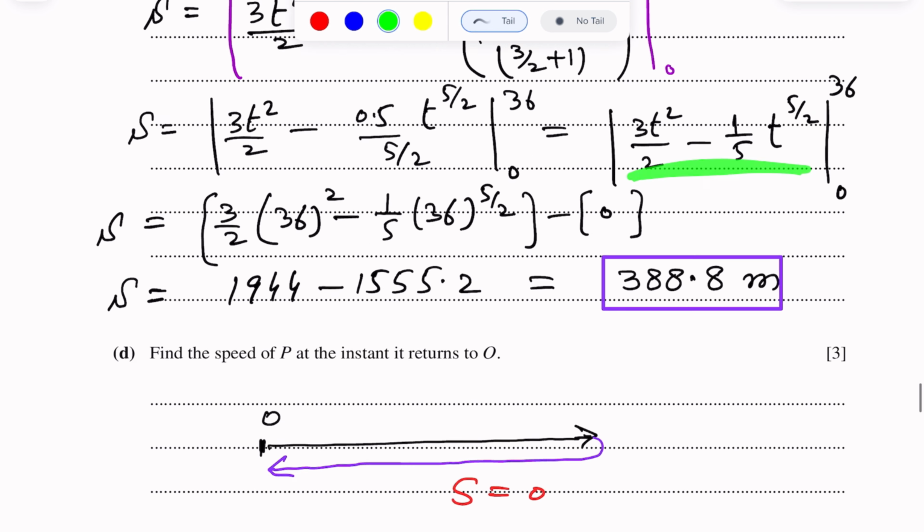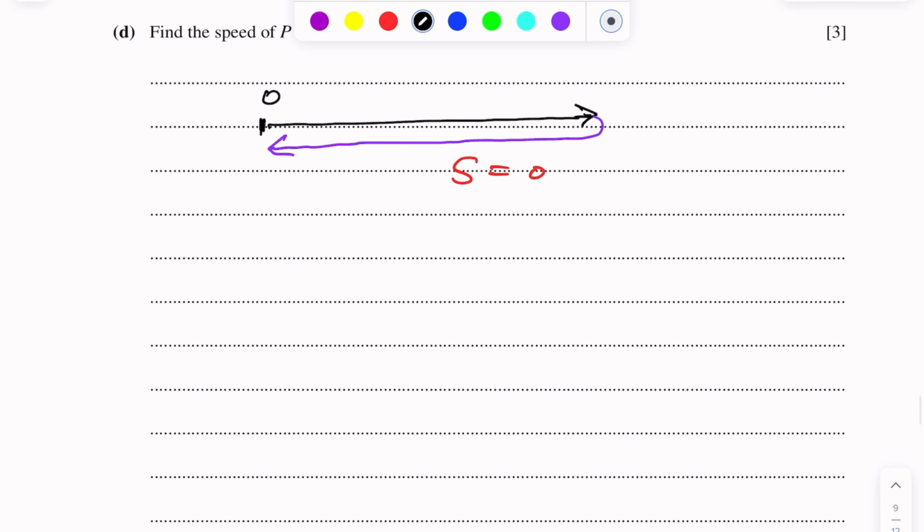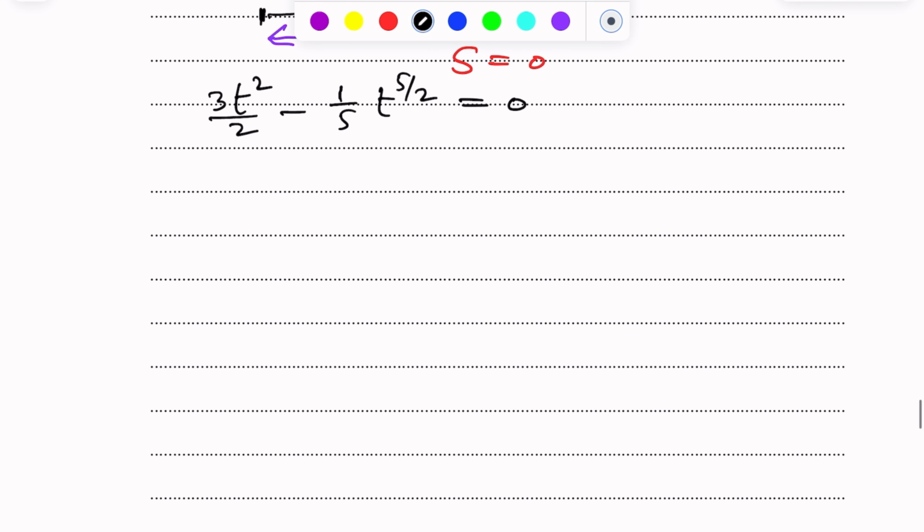Distance is equal to 0. So 3t square over 2 minus 1 over 5 t power 5 over 2 is equal to 0. From here we will find the value of t.